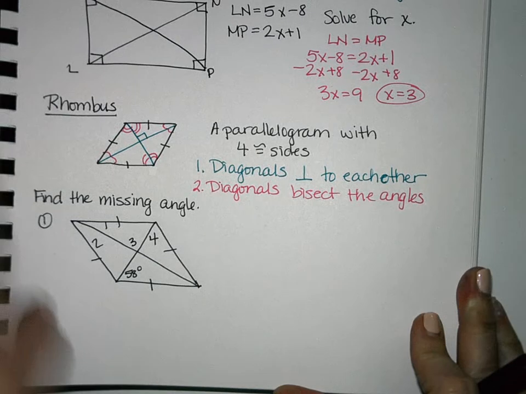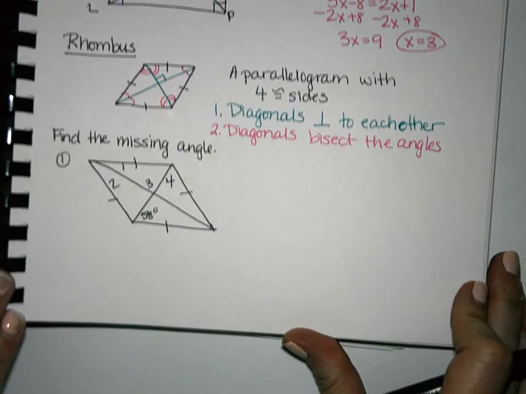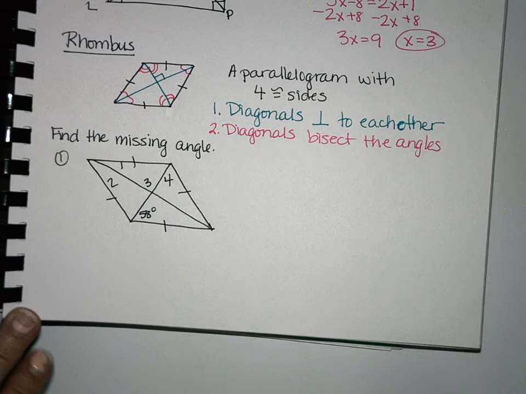So here's our first rhombus that we're going to find the missing angle for, or angles I should say.